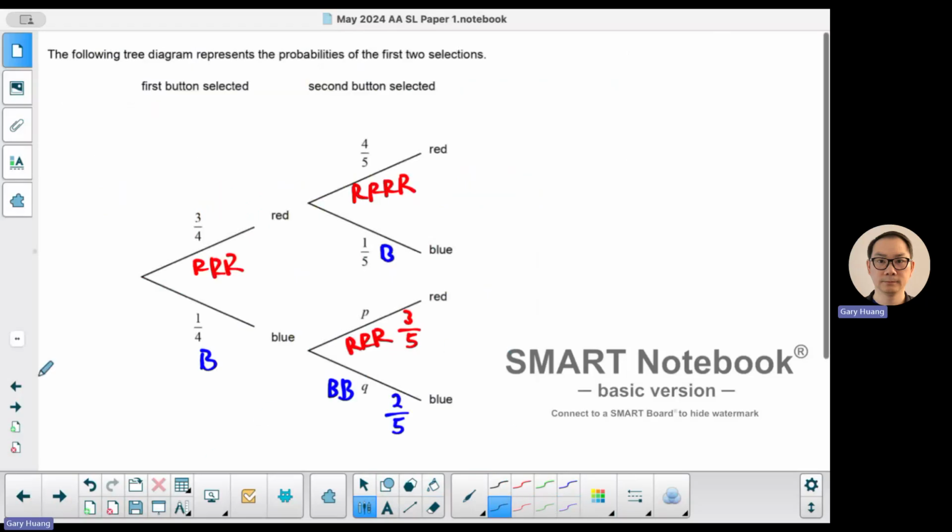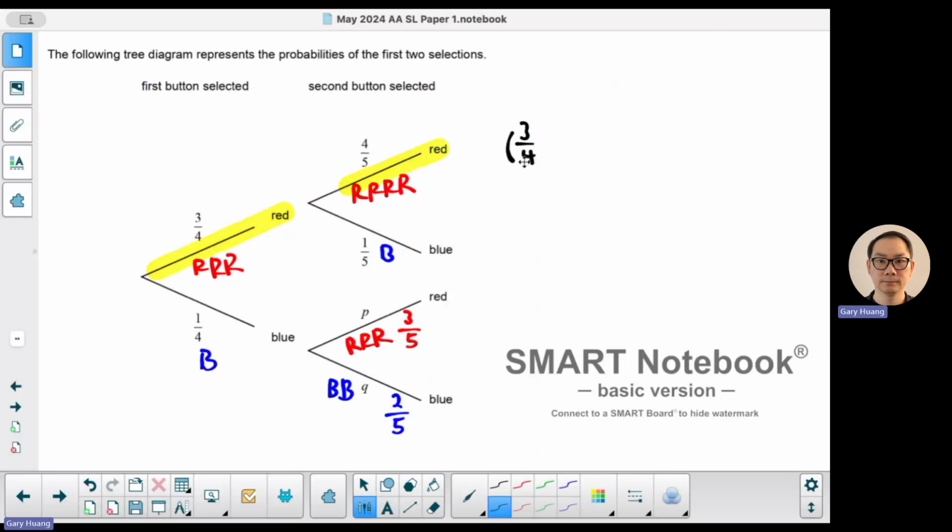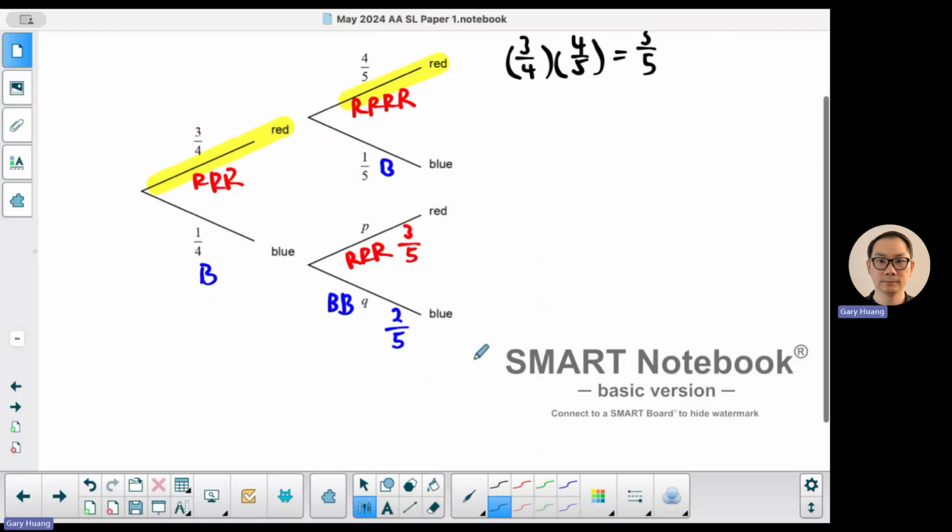So when you go back to the tree diagram, we want this branch. That's red and red, which means it's going to be 3/4 multiplied by 4/5, which is going to be 3/5. And we want blue and blue, which is this branch.